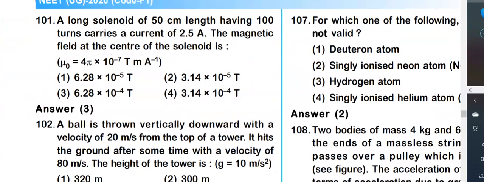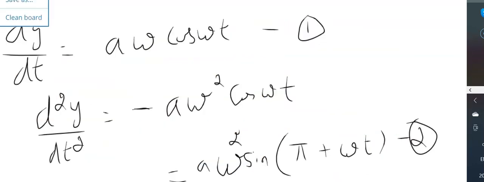Now coming to the 101st question. A long solenoid of 50 centimeters length having 100 turns carries a current of 2.5 amperes. Magnetic field at the center of the solenoid is what? This is a very simple question. If you know the formulae for all these, it is going to be pretty easy.